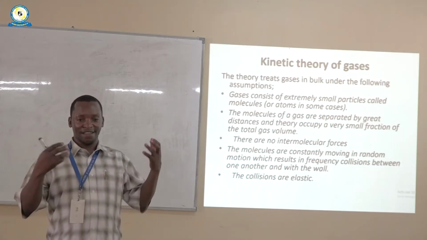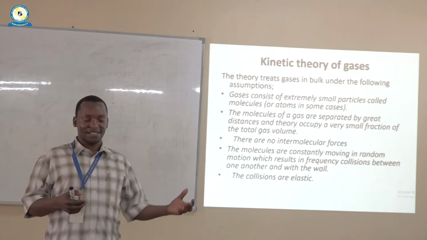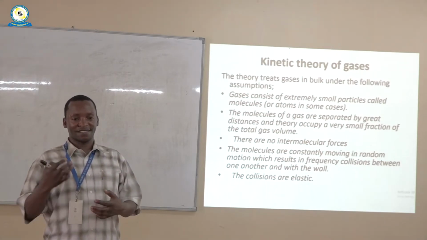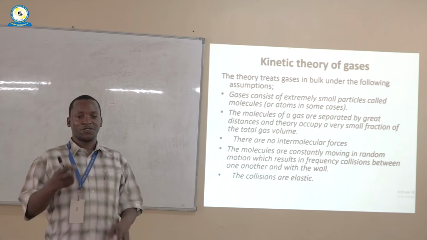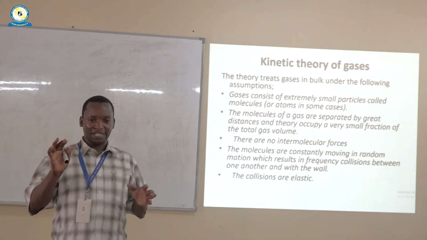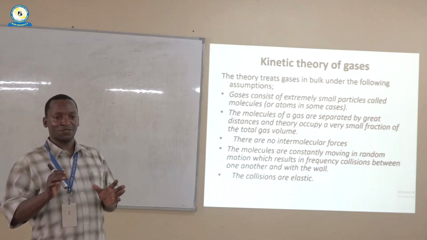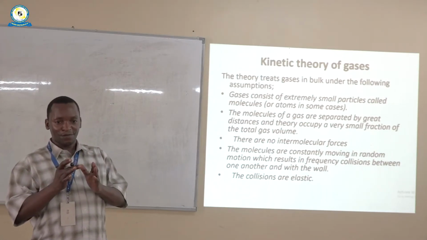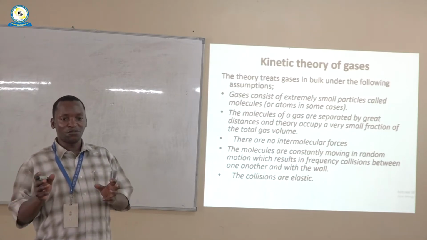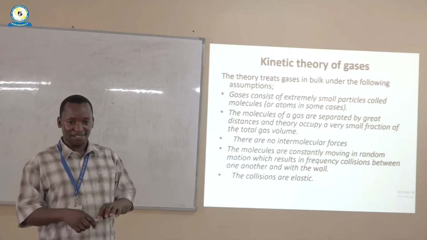So when you have a 1 liter container, that is the volume of gas. If we have 2 liters, that is the volume of gas. So the assumption is that the gas molecules, the gas particles, are at very great distances apart, so their total volume is negligible.